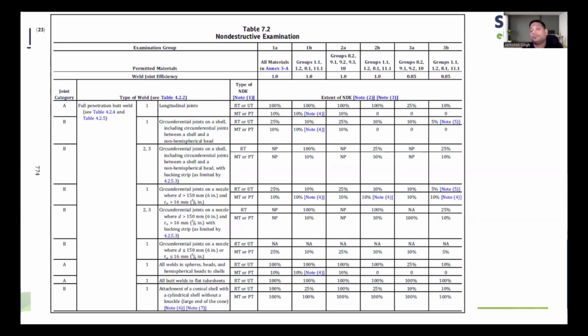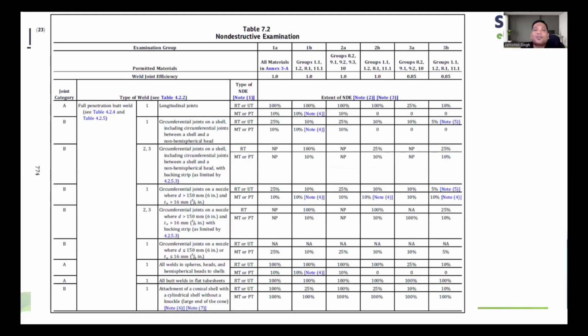But do you know what the radiography requirement was when Division 2 was started back in the 1960s? When Division 2 was first introduced, it was 100%. That is how the difference was too much between Division 1 and Division 2.